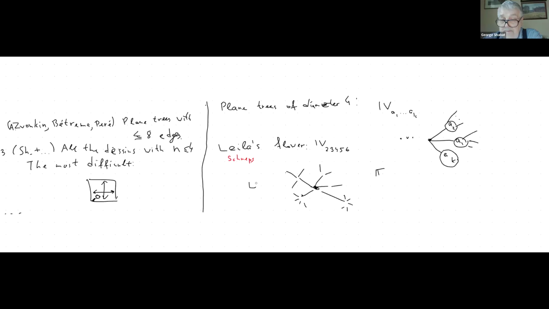And the Galois orbit of Leila's flower could be expected to be 24. It depends on the cyclic order of these leaves, so we can cyclically order them in 5 minus 1 factorial ways.